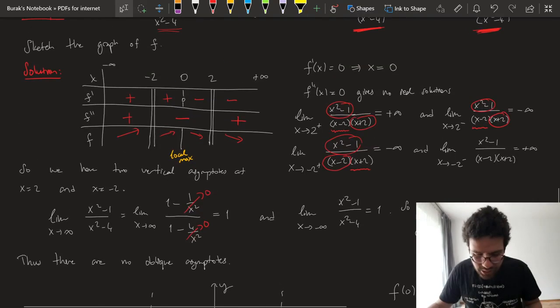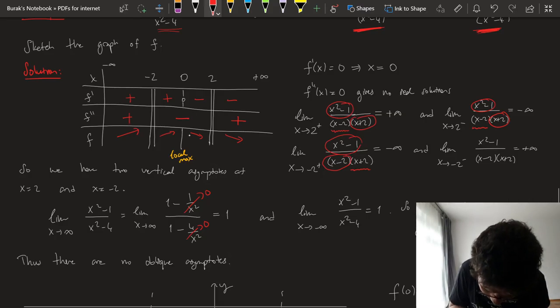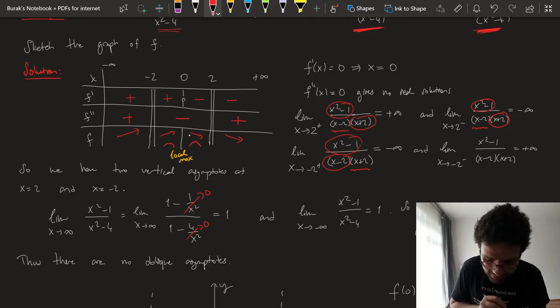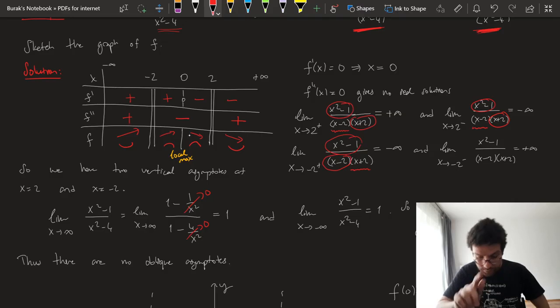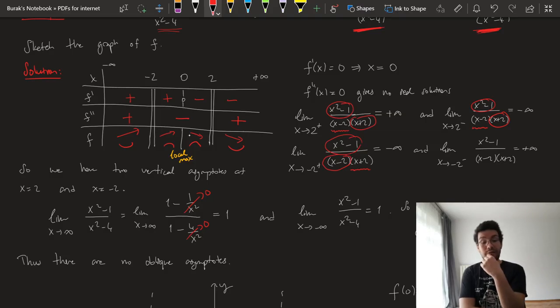and between 0 and 2 this function is decreasing in a concave down way because the second derivative is negative, and over here it's concave up. I forgot to write those. I'm sorry. Because I forgot to write those, I also forgot to say the following. Here's a question. Are 2 and minus 2 inflection points?